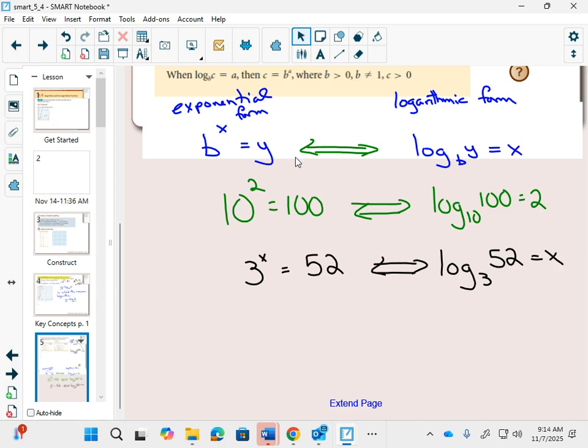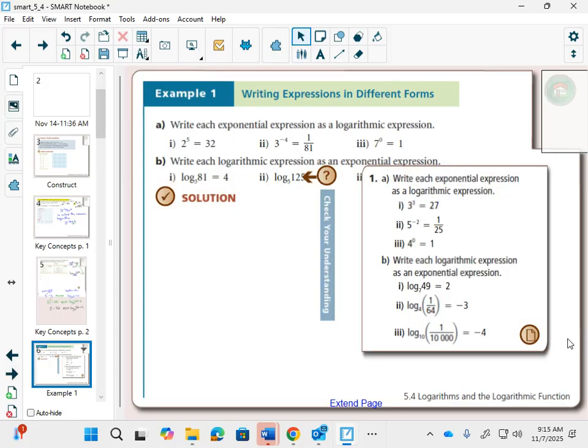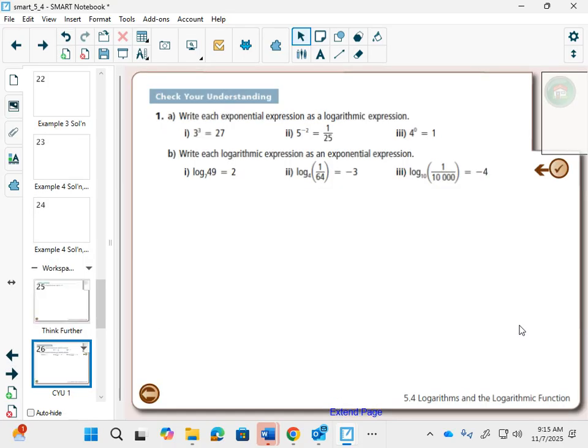So the starting part now, we're just going to be developing skills in working with this. So when we get to real life word problems and actually solving equations, we have a good skill base to do that. So example number 1. You've got a whole bunch of exponential expressions.